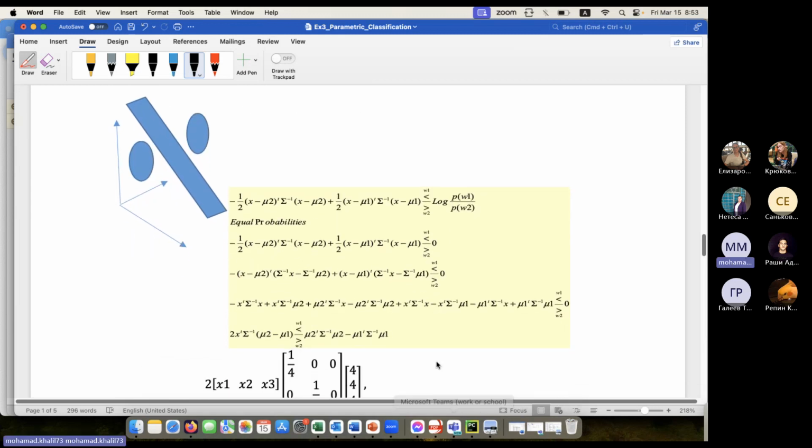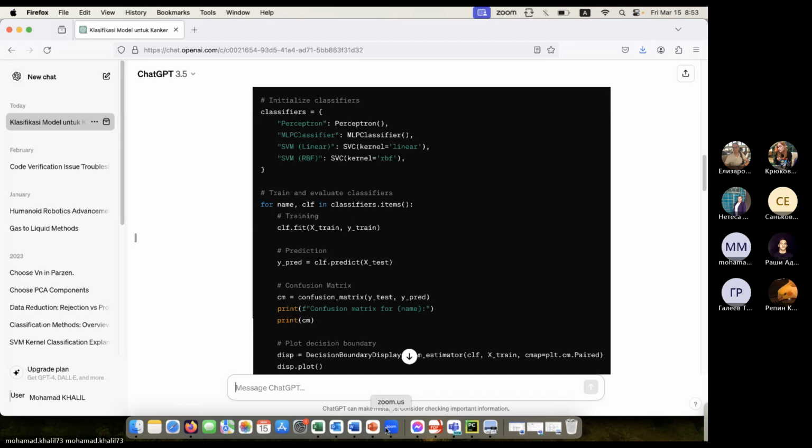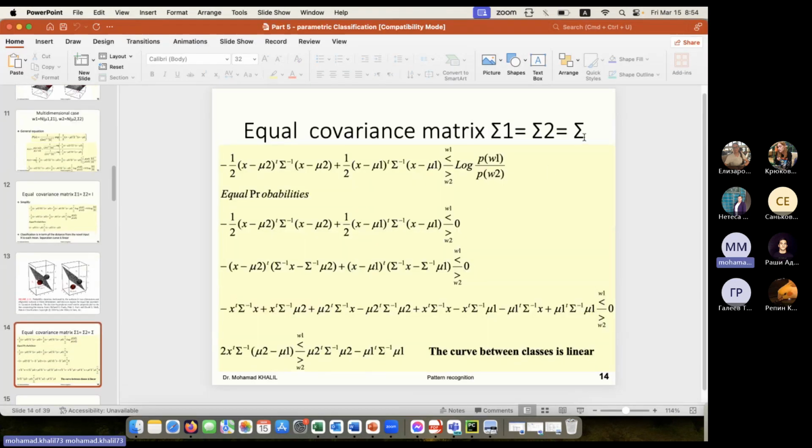Because we have to take the same. In the class we have seen that if sigma 1 equals sigma 2 equals sigma, you have to use these slides. You can copy this slide and use the final equation. But you have to pay attention that log p(omega 1) over p(omega 2) equals 0.